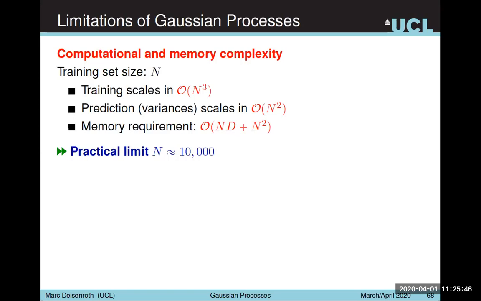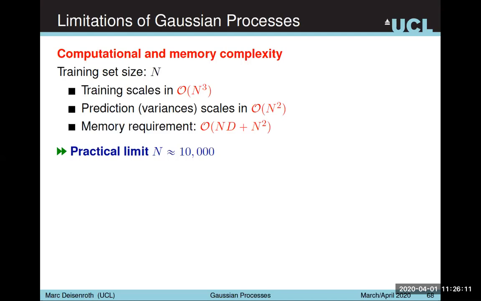So in practice, you would not be able to run a Gaussian process in this form with more than 10,000 data points. And generally, we're talking about input dimensions of maybe 10, 20. That's what you can do without paying any attention to any further details.